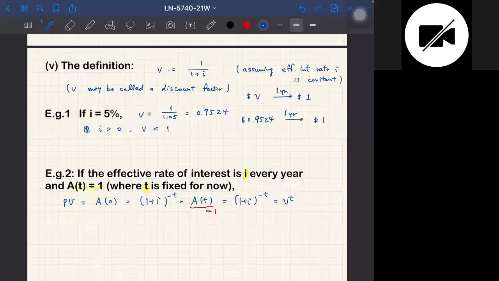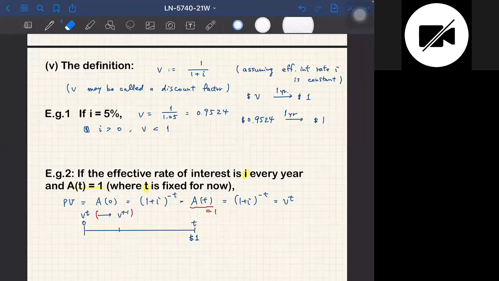So in terms of the so-called time diagram, if we have the time point 0 and the time point t, and the accumulated value is 1, the present value is V to the power t. One year later, this becomes V to the power t minus 1, and 2 years later, V to the power t minus 2, and so on.